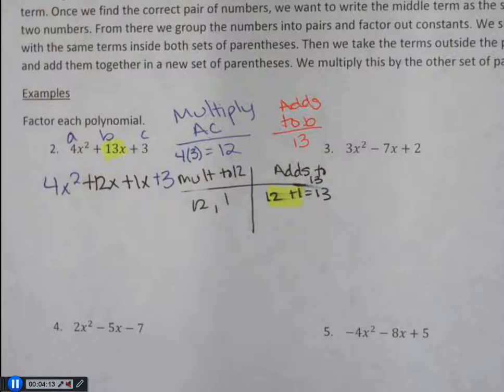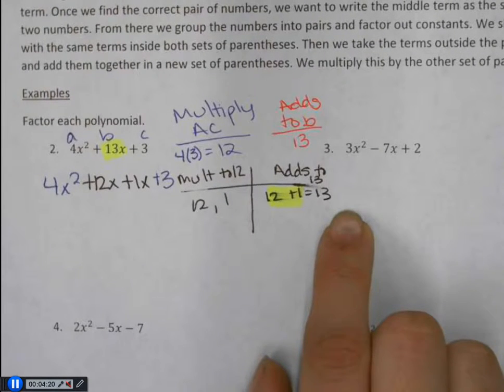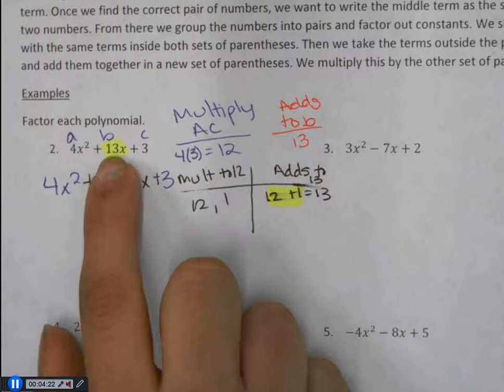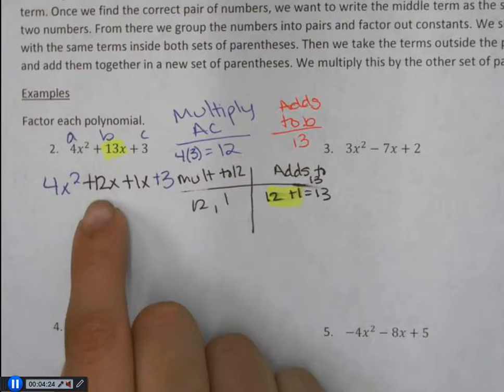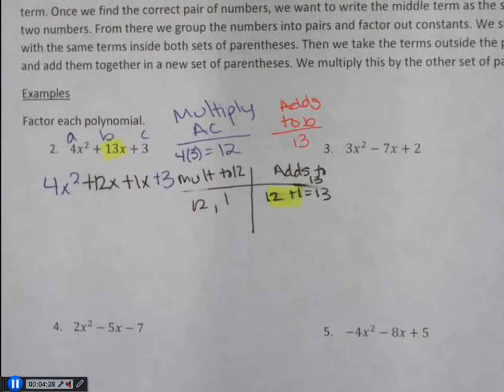Does that make sense why I did that? I know 12 plus 1 equals 13, right? We all agree on that fact? So I had 13 up here. I want to rewrite this so I can split it up into 2 pieces and then solve it that way.